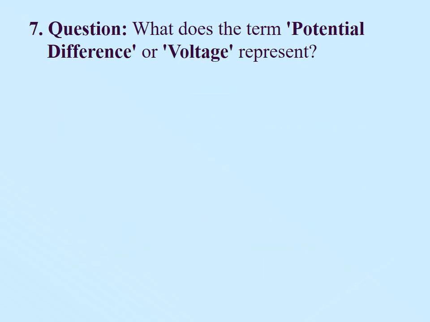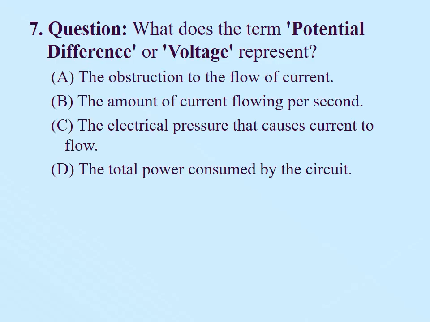Question number 7. What does the potential difference or voltage represent? Option A. The obstruction of the flow of current. Option B. The amount of current flowing per second. Option C. The electrical pressure that causes current to flow.